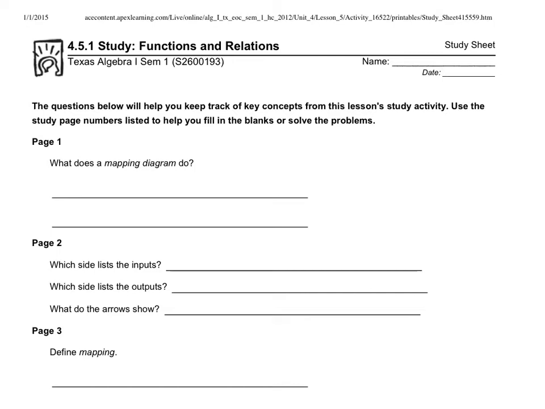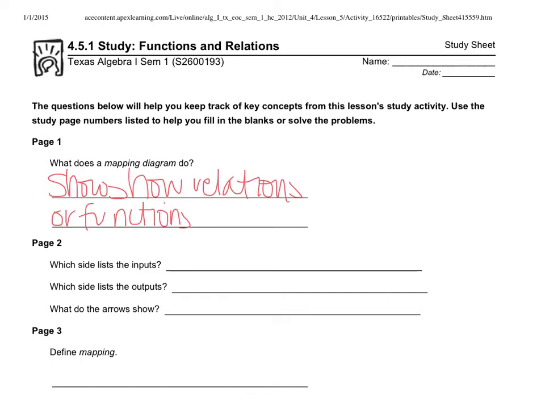What a mapping diagram does is it shows how relations or functions assign inputs and outputs.